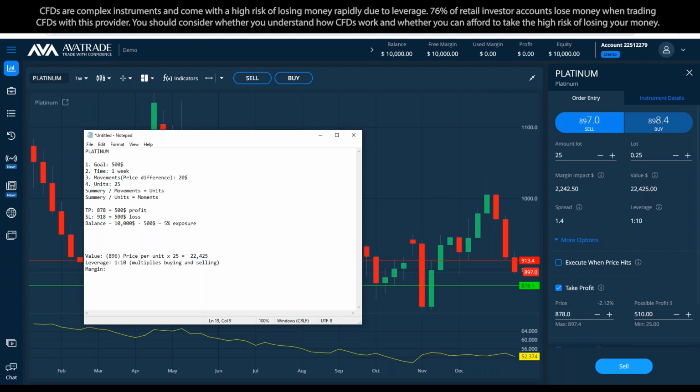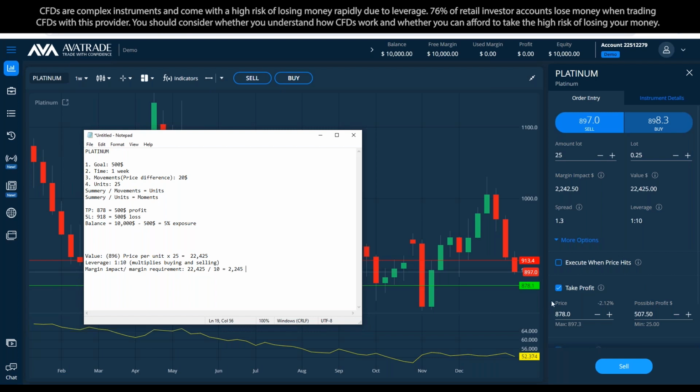And that means that with the same logic, I can just divide the margin requirement, I can simply divide the value by the leverage, which is already done.